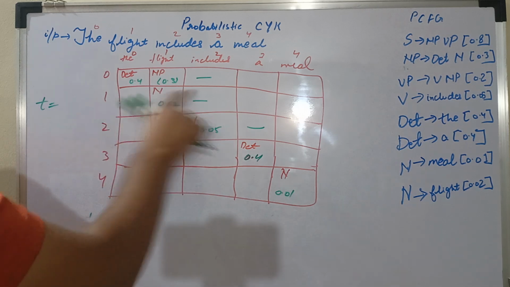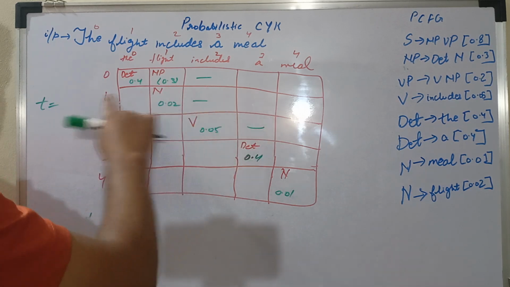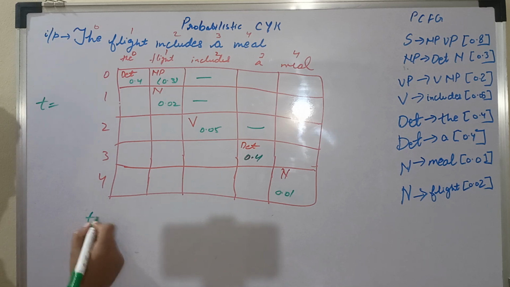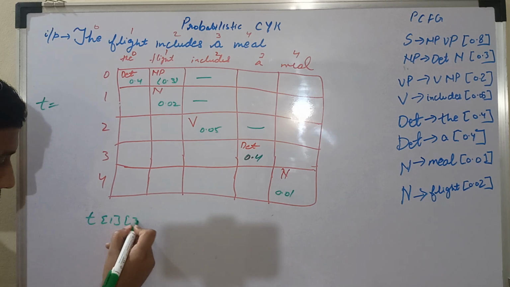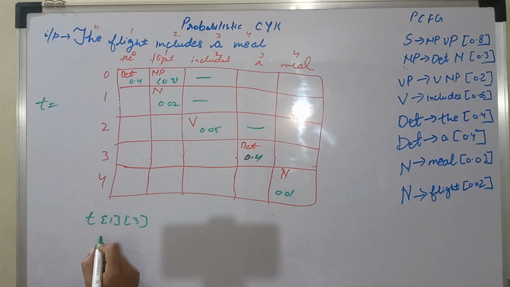Okay, now we need to fill this. So 1 3, T 1 3 we need to calculate. That means we have indexes 1 2 and 3. 1 can be alone with 2 3 together, or 1 2 together and 3 alone.